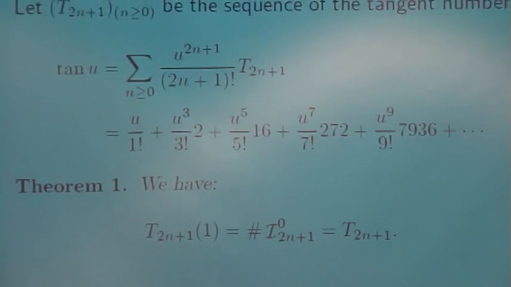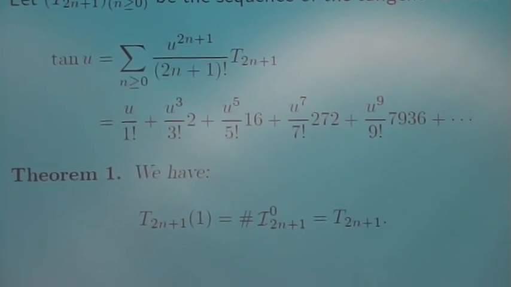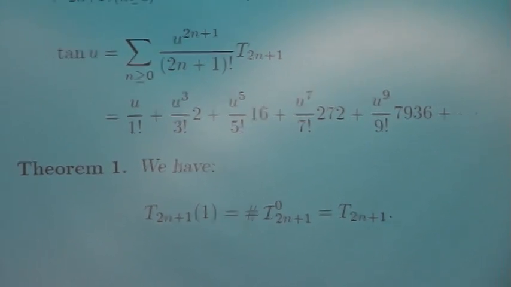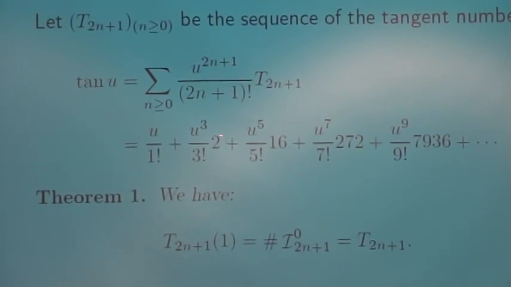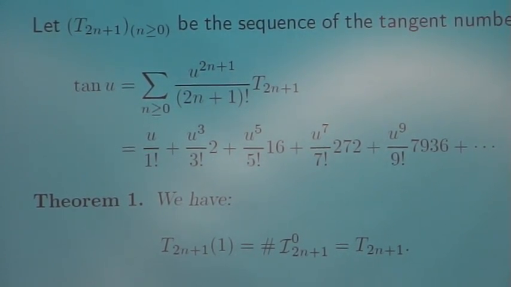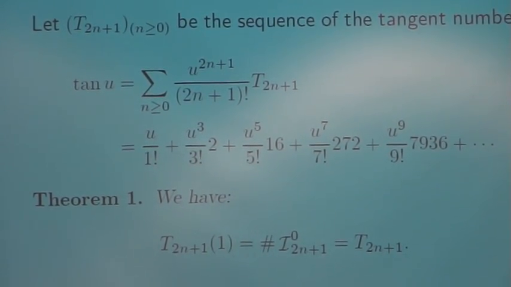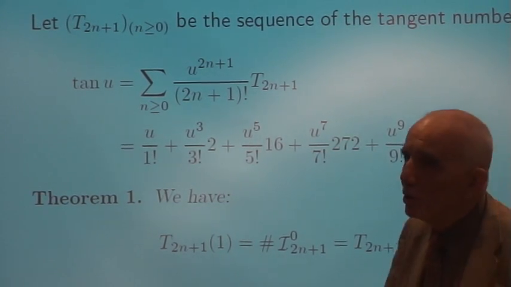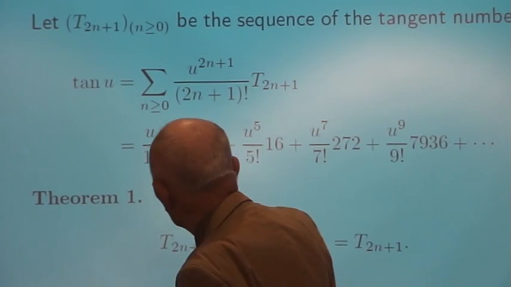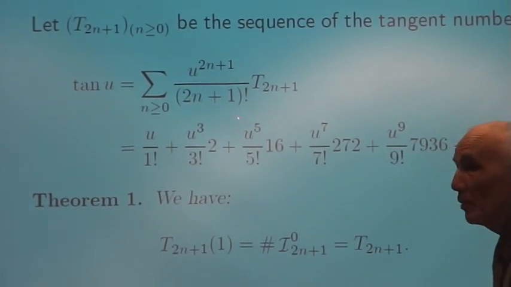Let t sub 2n plus 1 be the sequence of the tangent numbers. Usually, if you are not in combinatorics, everybody knows the first two terms. Everybody knows when they study calculus that the tangent of u is u plus u cubed divided by 3. A few people know the next one, very few.